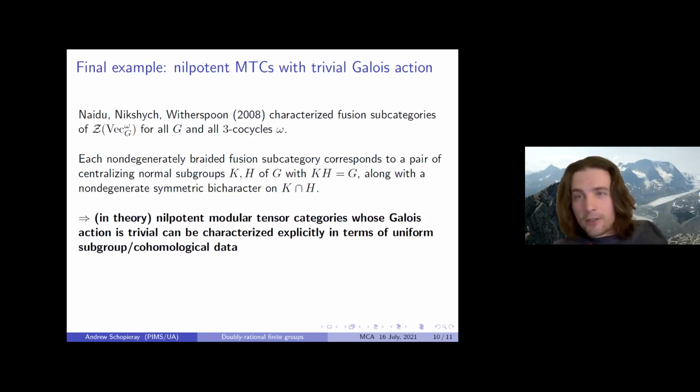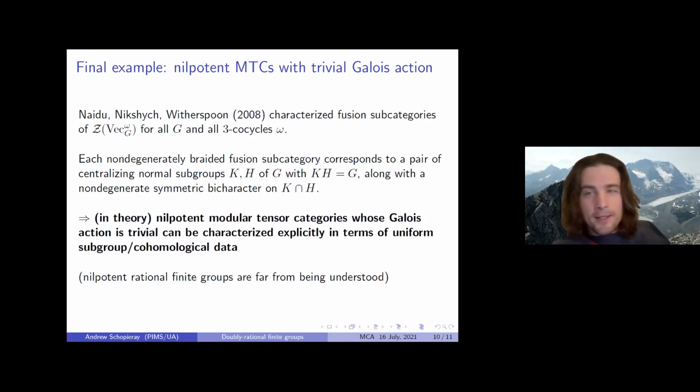Now, the additional issue which arises in this situation is that we have twisted centers of some nilpotent finite group. And you can show that in almost every case, it actually has to be a rational nilpotent group which you're looking at the center of. But nilpotent rational finite groups, you keep searching through the literature hoping that eventually you'll find something which has a complete classification. But no, nilpotent rational finite groups are really far from being understood as well.